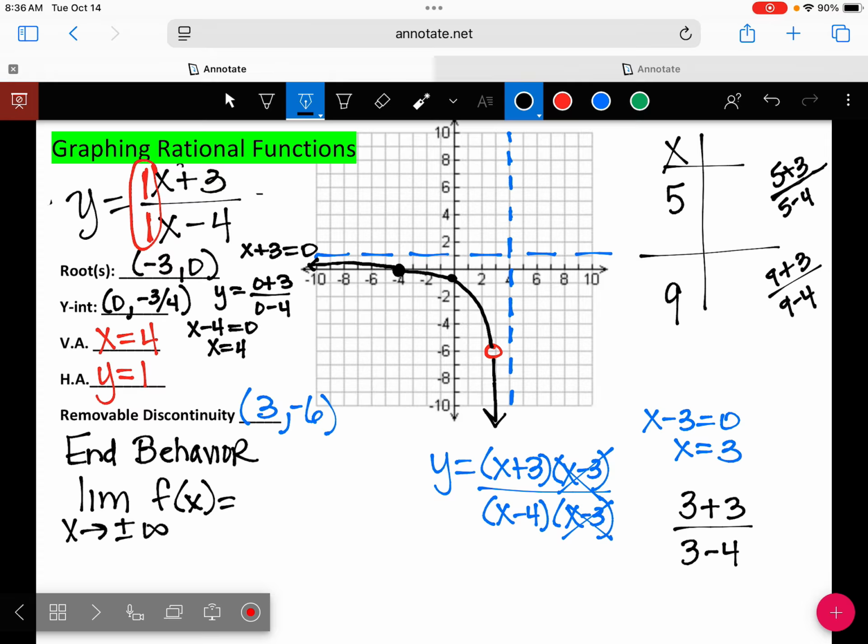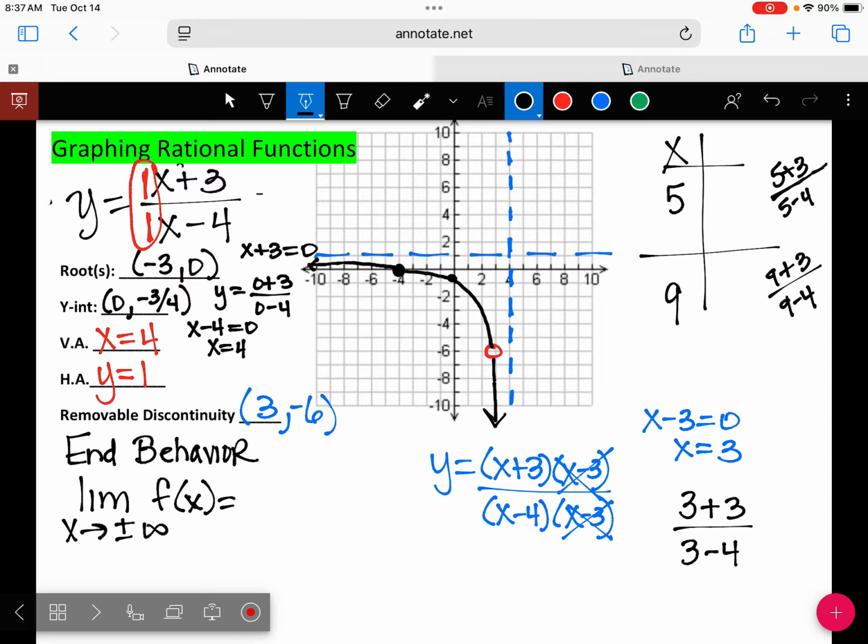And you can pick anything. When I'm choosing numbers, I always choose a number that's right next to the vertical asymptote because I know it's going to be a whole number.